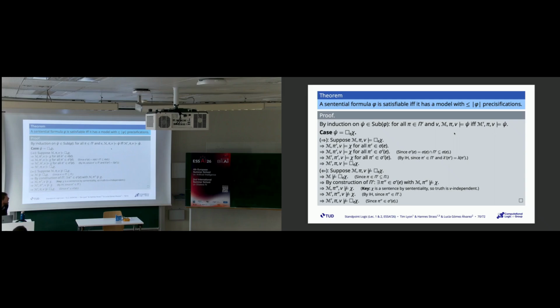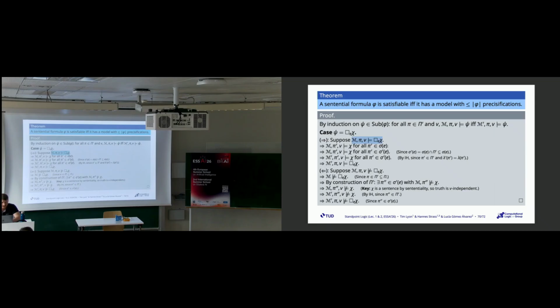So this is the most interesting case of this argument, which is when the subformula of phi is a standpoint box formula. So we'll show the left to right direction of this if and only if statement first, and then afterwards show the right to left direction. So let us suppose that we have this subformula being satisfied on m with pi and variable assignment v.